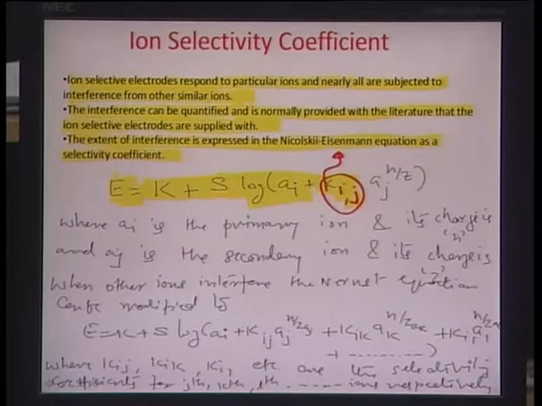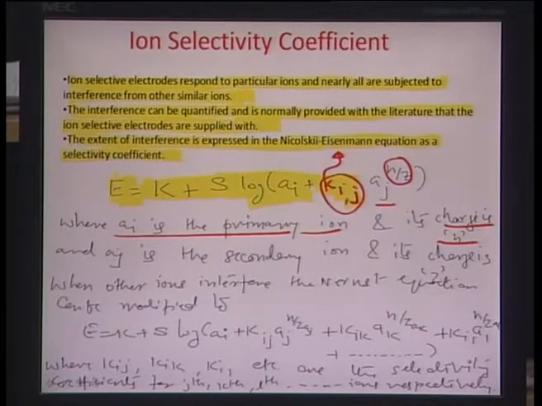Selectivity coefficient is, in the presence of a j interfering ion, the selectivity coefficient of j over i, the primary ion of interest, times Aj, which is the activity of the jth ion, the interfering ion, raised to the power n by z. Here n is the charge of Ai, the primary ion of interest, and z is the charge of the secondary ion, the interfering ion j in this case.